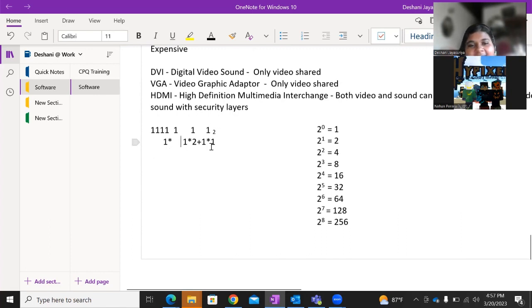Let me get it right. So we are just adding the values now. We add the 4.